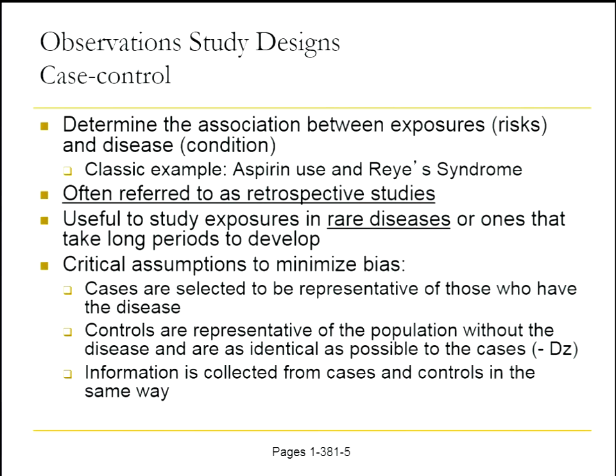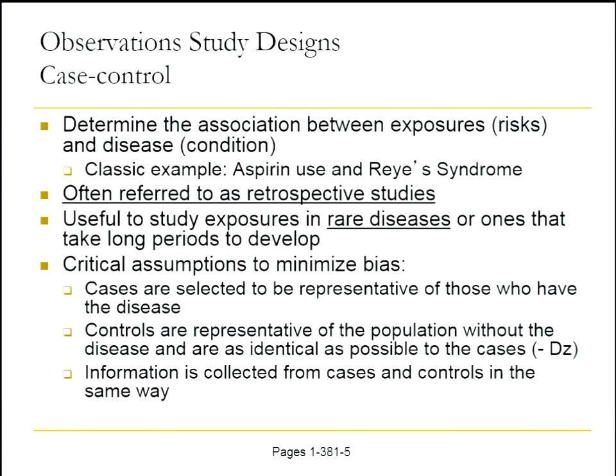Critical assumptions that are required to minimize bias in these types of studies are, one, cases that are chosen are selected to be representative of those who have the disease. And controls have to be as similar to those as possible, but obviously not have the disease.